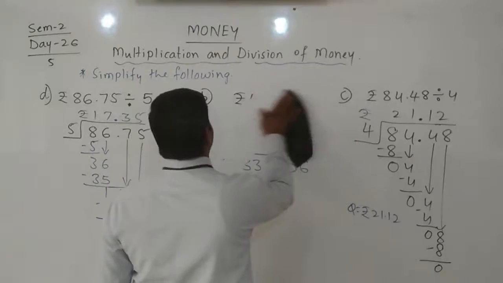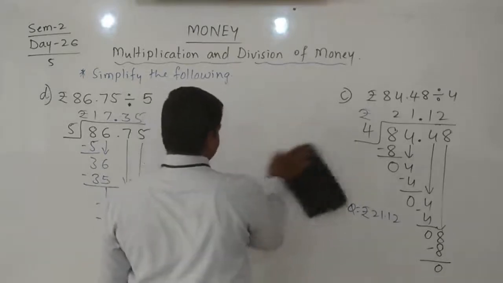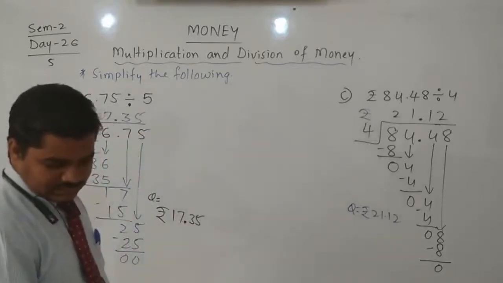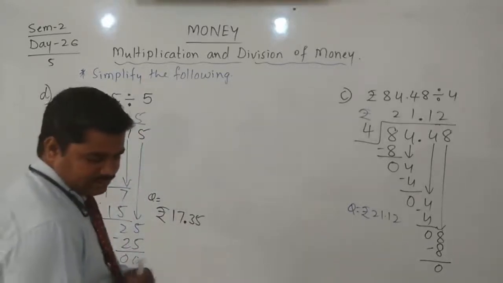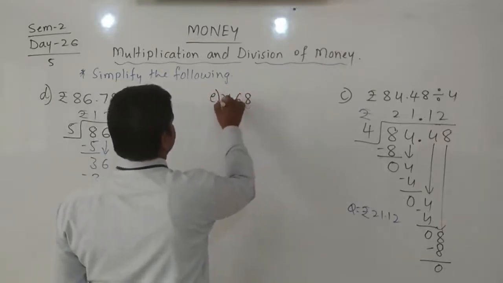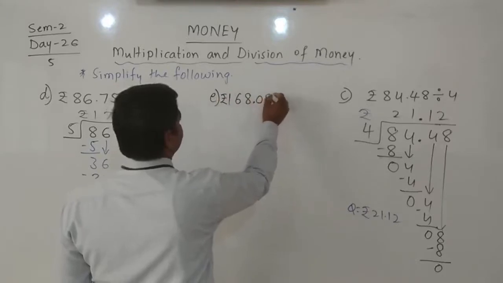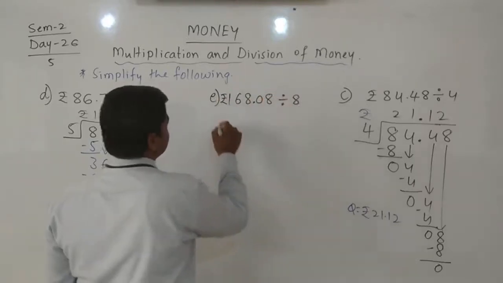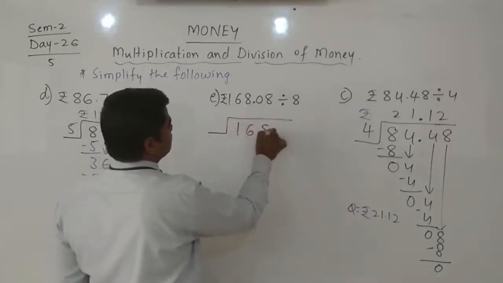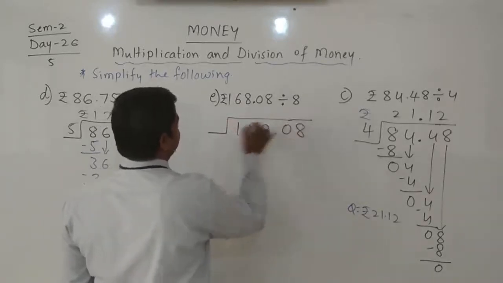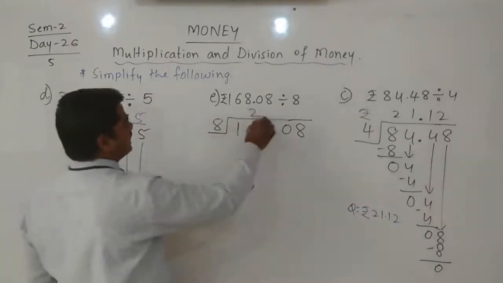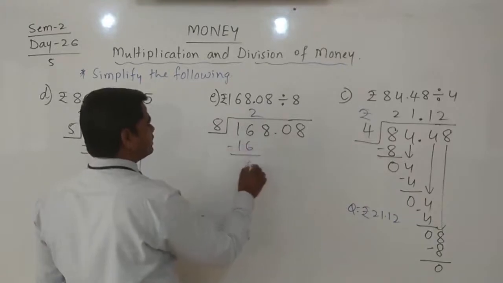Next, another one: 168.08 rupees divided by 8. Division of rupees. Very simple. 168.08 divided by 8. 8 twos are 16. Then what remains?